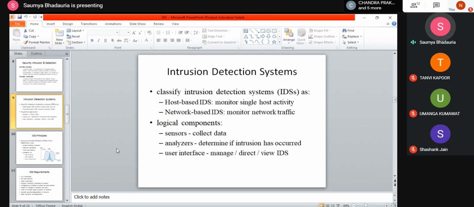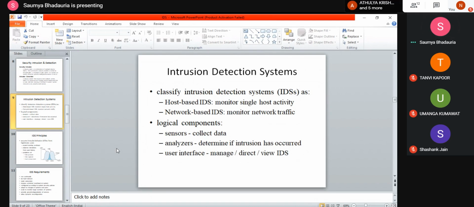These analyzers are the most important component, which classify the collected data and the processes corresponding to that data as the intruder's process, further saying that intrusion has occurred on the system.